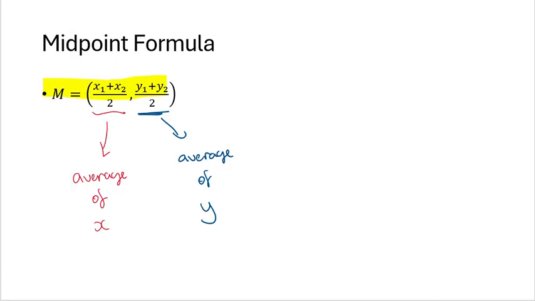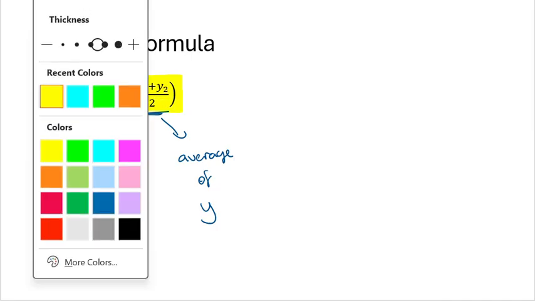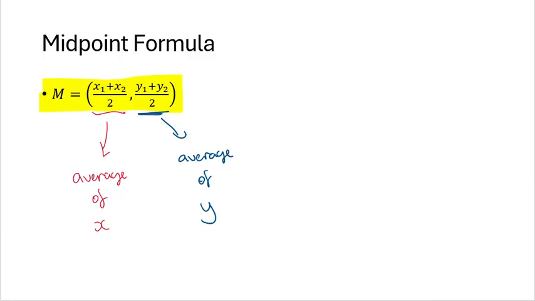M equals this. It's written as a coordinate point already because it's inside the brackets. You're finding x1 plus x2 and halving it, so your average of x, and then y1 plus y2 divided by 2, that's the average of y.